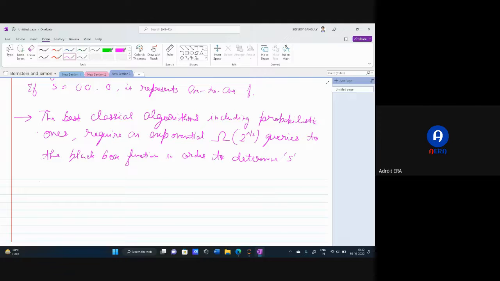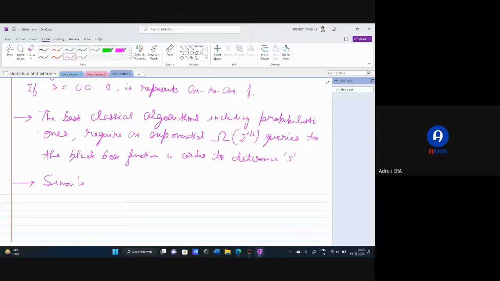And Simon's algorithm, what will it do? The classical algorithm was taking omega 2 to the n by 2 queries to solve this black box function and determine the hidden string.